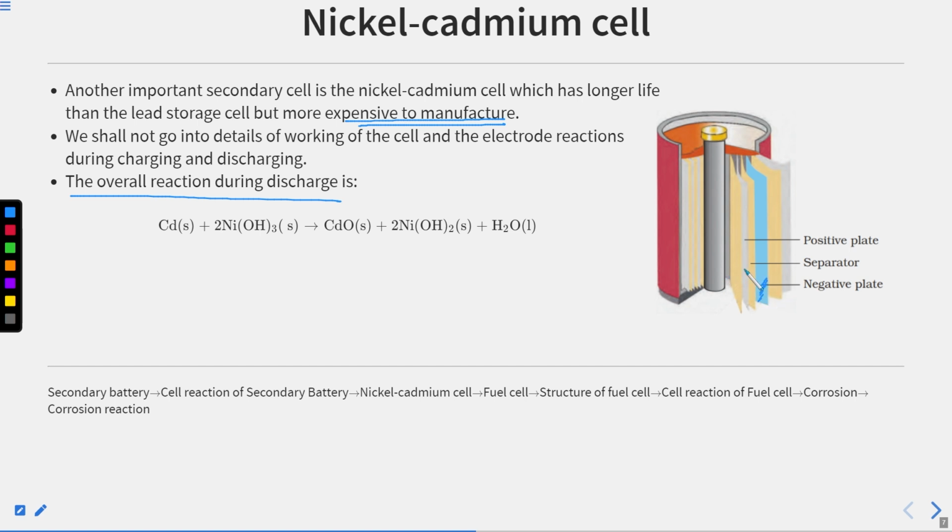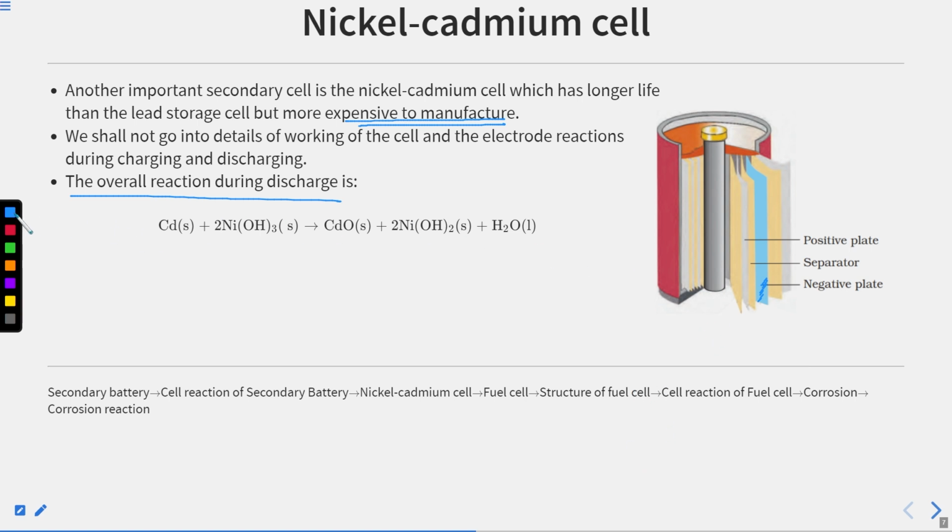The yellow one is the separator, and the white one is the positive plate. You can see a layer of it going again and again: a positive plate, negative plate, and a separator. So this is our structure.